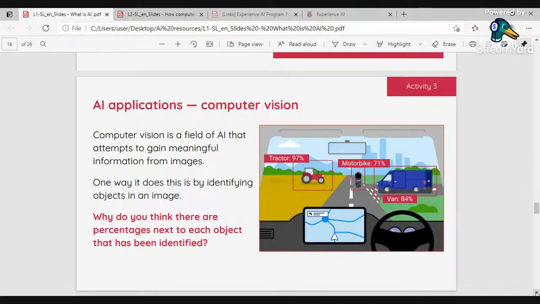But if you look at the motorbike image, it realized that this is a motorbike, but it could be something else. It looks like a motorbike, but it's not very sure based on the view the AI can see. So it's giving 71% motorbike. This is a van, and this van is 84%.